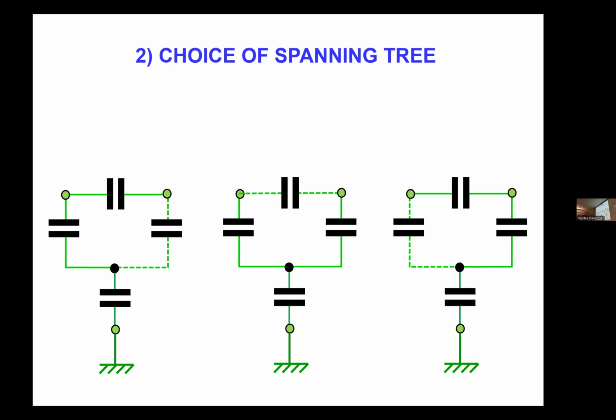This is the definition of a tree. So this branch is left out. That gives me one possible tree. Then I have the second possible tree where this branch is left out. And then finally, I can leave this branch out. For this simple example, these are the only three spanning trees that I can construct that go only through the capacitances. But you can see that with a very large network, I would have a lot of possibilities.